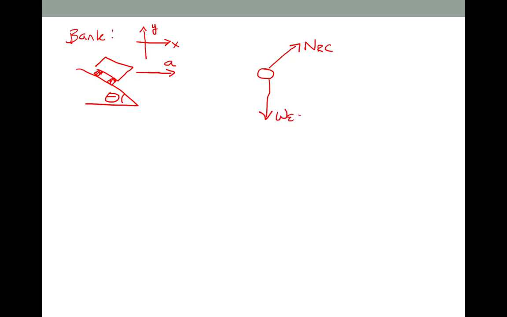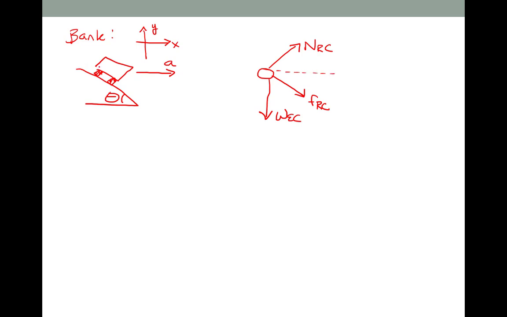I have the car's weight, and then I have friction. And friction will point along the surface of the road. It turns out the normal force and the corresponding friction force are always at 90 degrees. So since the normal force is angled, the friction has to be as well.